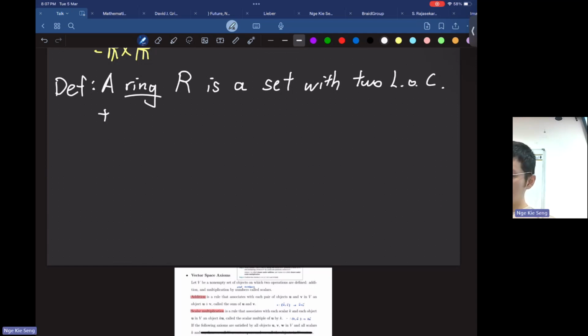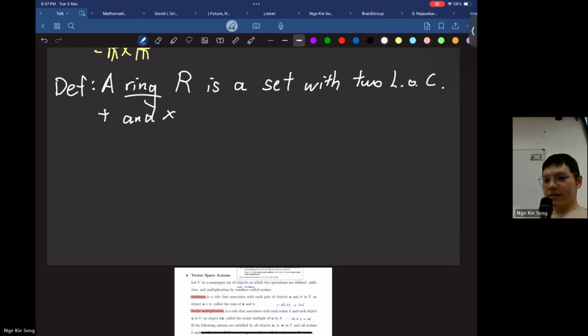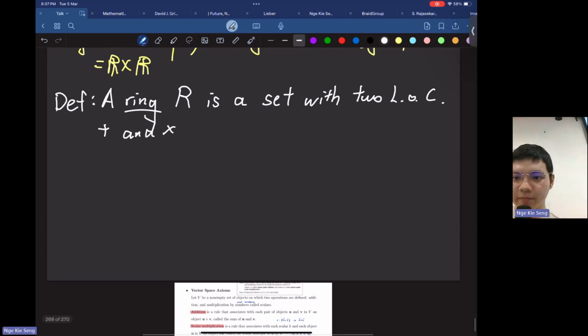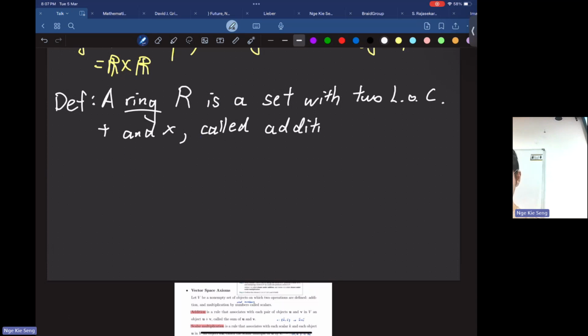So just now you have encountered this kind of object, right? A set with two laws of composition. What is it? Just now, have you encountered something like this? The non-zero rationals, right? I can add them, I can multiply them. Of course it's not that easy, so we want to have some more conditions to control this ring.